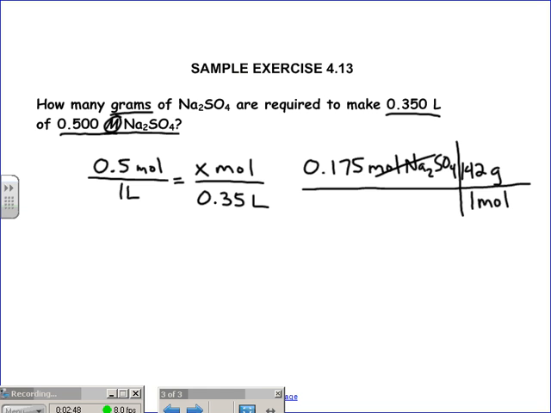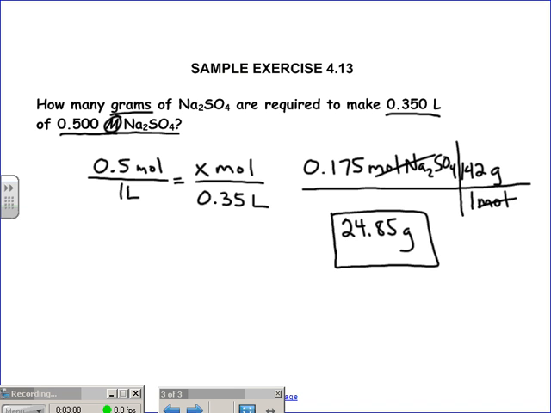Found that from the periodic table. So 142 times 0.175, and that gives us 24.85 grams.